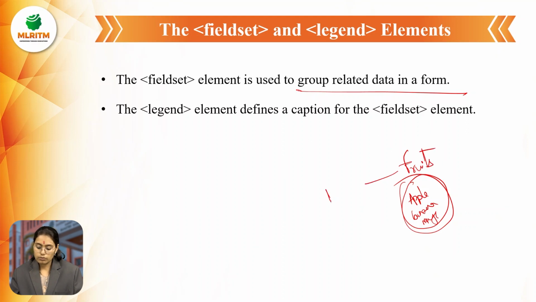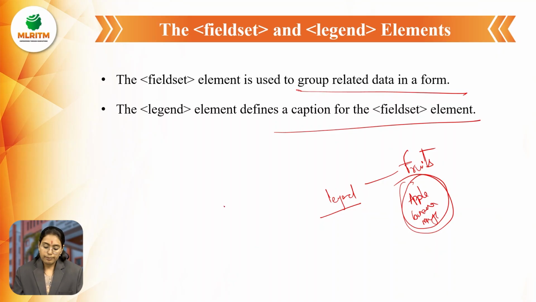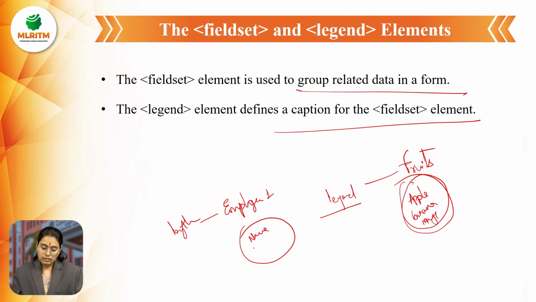So now this fruits is called the legend. That is, the legend element defines a caption for the fieldset element. So for example, employee 1 is the legend, which is defining the caption, and in employee 1, name, gender, caste, etc. fields will be present in the fieldset.